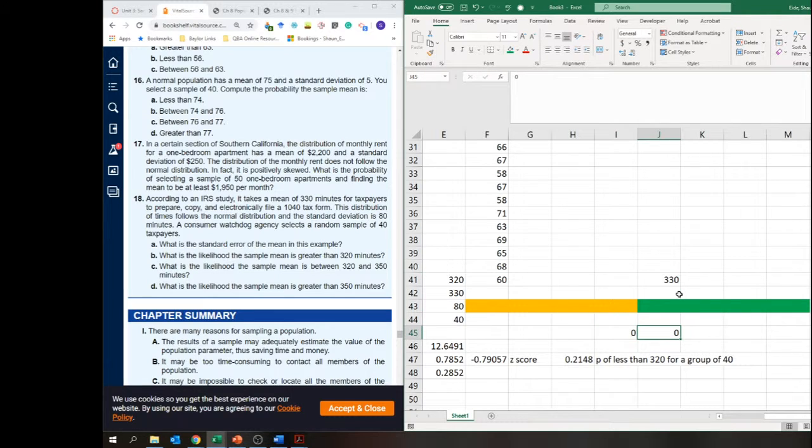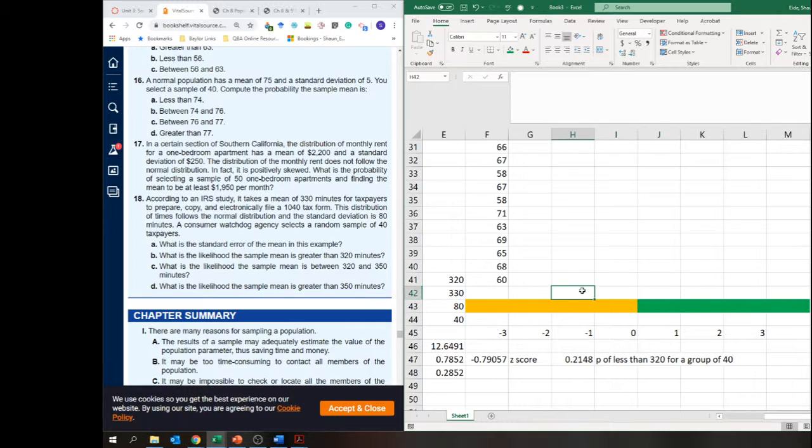Let's do this: 0, 1, 2, 3, and then -1, -2, and -3. And so if I were to say, hey, what's the probability of from here or below, it's going to be a 0.5 probability.